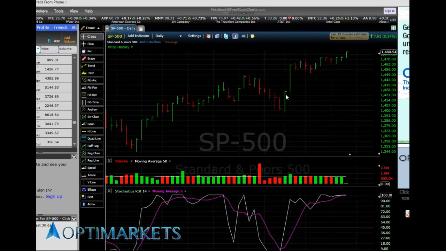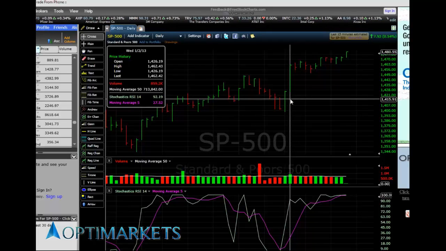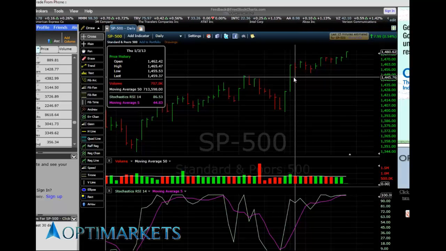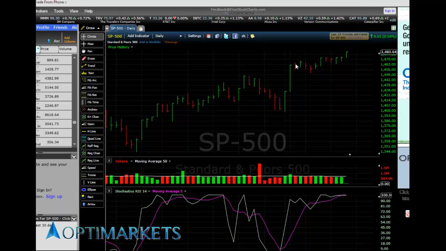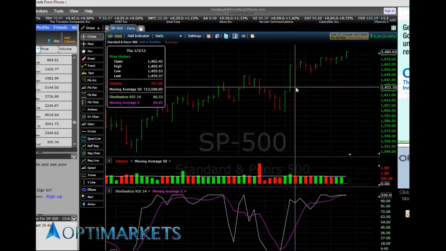We closed very close to the day high, and the next day we opened 1426.19, which was the low print of the day, and we closed again on the high. You can see on the following day, Thursday, January 3rd, 2013, that the closing print was lower than the closing print of the previous day, hence the red bar.